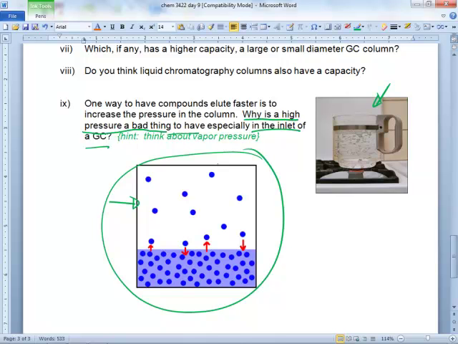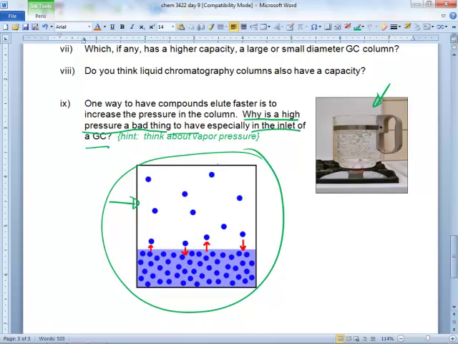Now let's finish the story. This is why it's so bad in the inlet of a GC. What is the problem with GC? Remember, it can only do what percent? 20%. That's too much work for it. If you crank up the temperature on some stuff, they decompose. You want to go to the minimum temperature you need to vaporize it, at its boiling point.